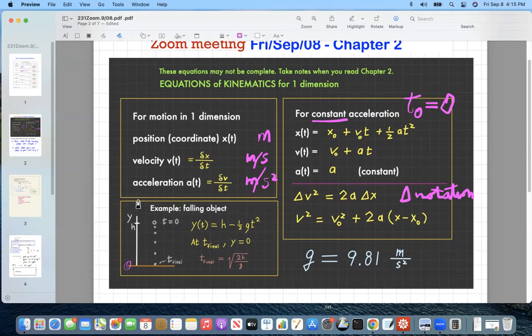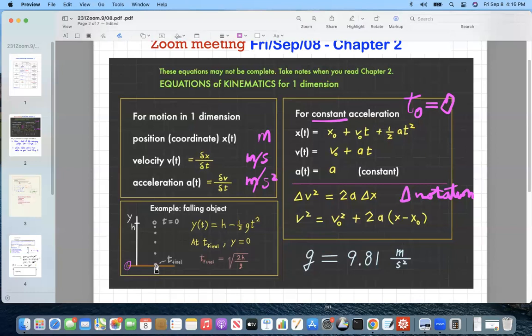Positive means upward in the direction of y. But the acceleration is downward towards the center of the Earth or towards the ground. So in this case, the acceleration will be a negative value. It'll be negative g. So y is h minus 1/2 gt squared.